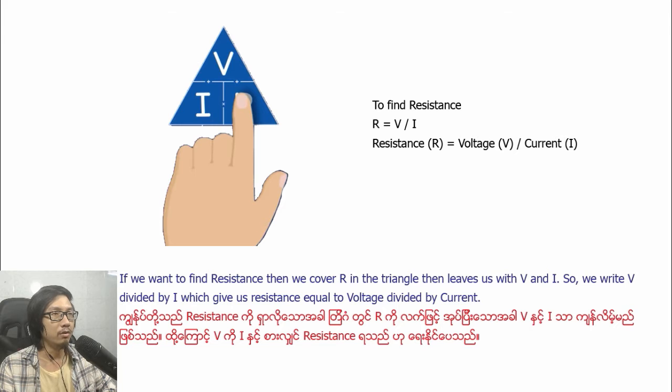If we want to find resistance, then we cover R in the triangle, which leaves us with V and I. So we write V divided by I, which gives us resistance equal to voltage divided by current.